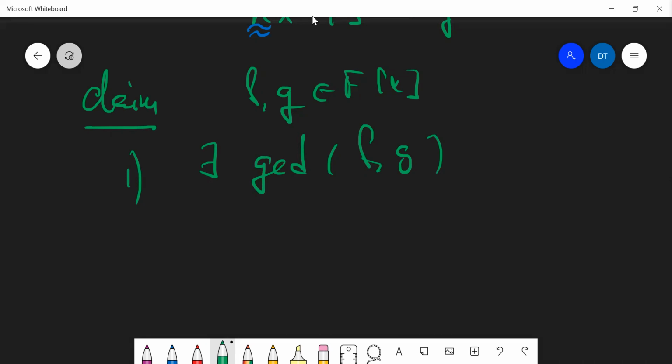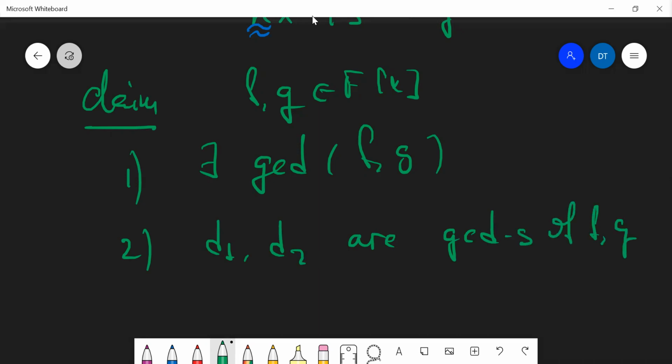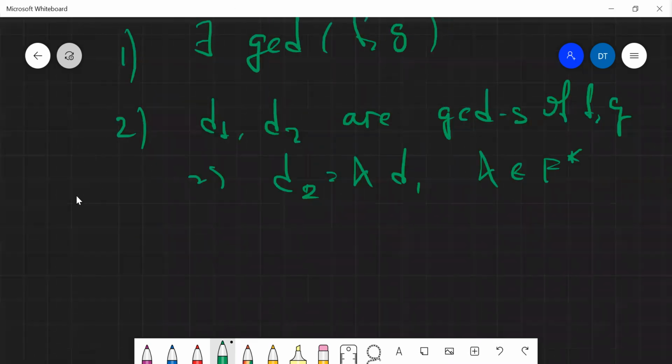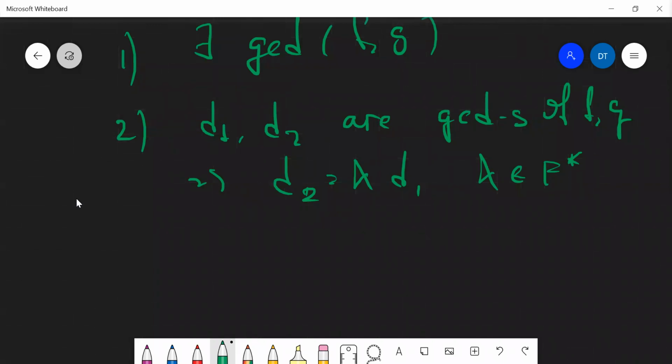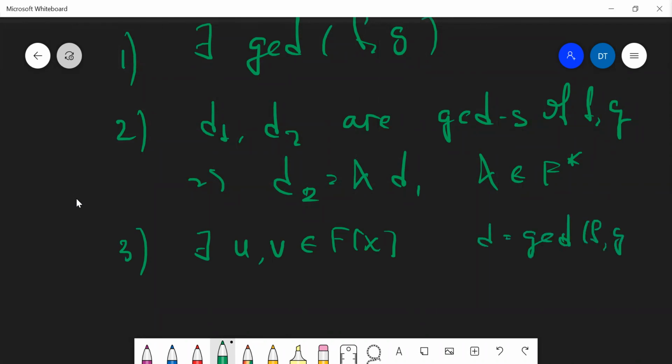The second, if we have two different greatest common divisors, if d1 and d2 are GCDs of f and g, then one of them is a multiple of the other one, d1 equals lambda d2, where lambda is a non-zero element of the field F. And what is the most important, suppose d is any GCD of f and g, then there are polynomials u and v such that d is represented as a linear combination of f and g, with u and v being its coefficients.